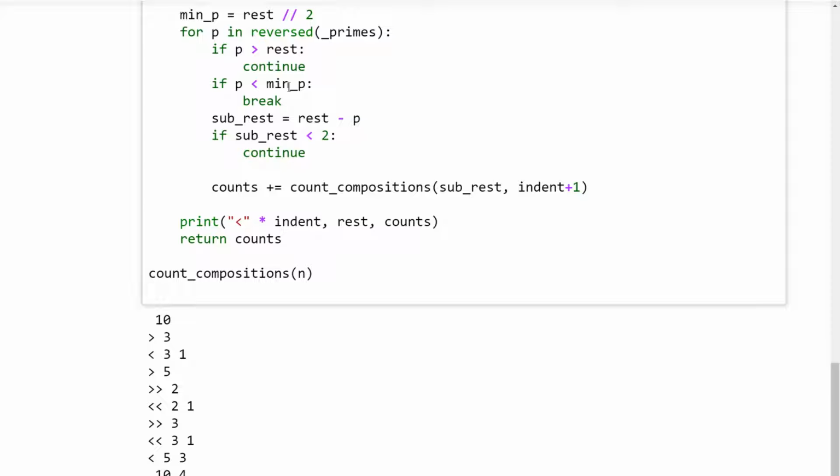Can you look here? For 7 and 3, the 7 can be composed of 5 and 2, and we already have the 3. For 5 it's like 3 and 2 and 3 and 2, but if we only go up to the half we will not reach this case.